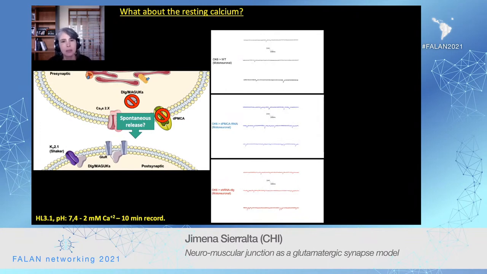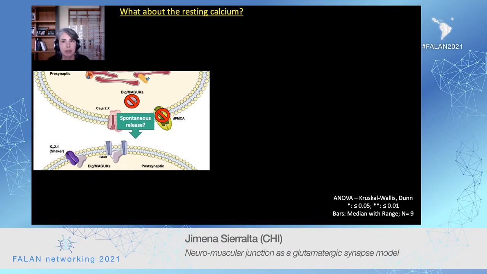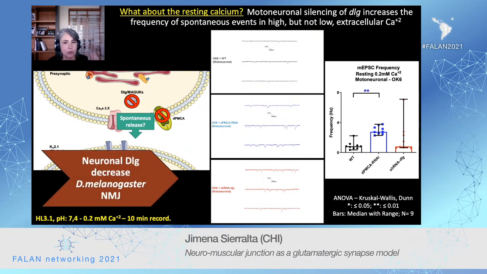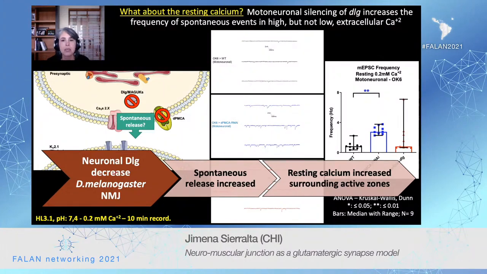And so in wild type, there is a frequency that is increased when DLG or PMCA is downregulated at physiological calcium. However, when the extracellular calcium is 0.2 millimolar, we only observe this increase in the downregulation of PMCA, suggesting that although DLG is important for the spontaneous release frequency modulation due to the resting calcium, it's not as important as PMCA.